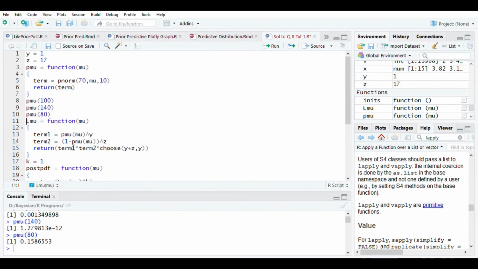So I have written here a user defined function where the argument is mu. The first term is p(mu). To compute p(mu), I will have to call the function p by specifying the parameter as mu, then p(mu) raised to y. That will be the first term.